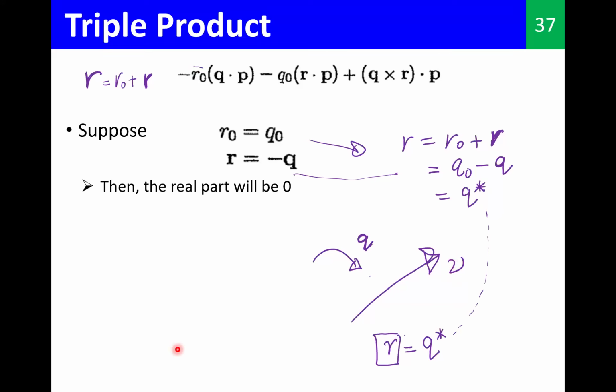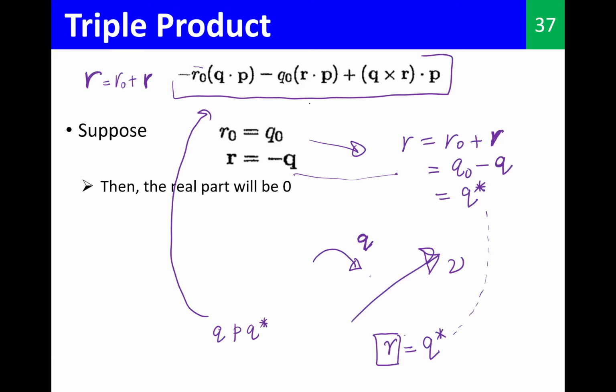So basically my vector triple product now becomes q conjugate. Okay? So you can see by this part, it thing is becoming 0, right?